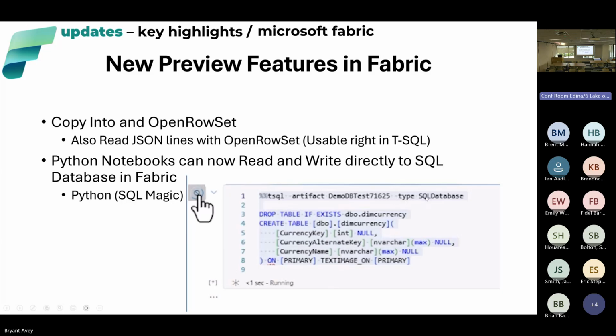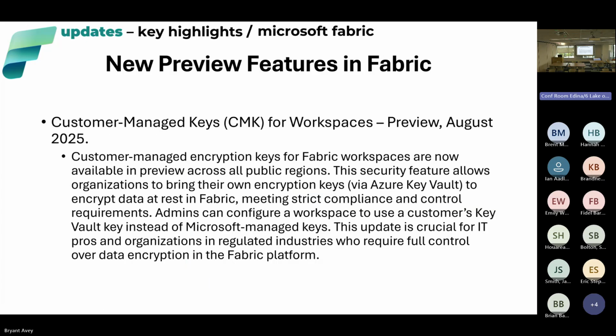You type the SQL database, and then you can just do your T-SQL right inside of a Python cell, and that's really all you got to do. Basically, the T-SQL magic takes care of all the behind-the-scenes garbage that you would normally have to do in about 2 or 3 cells to do authentication. It's now all just bundled in there. So that's pretty cool and impressive because magics are not that easy to build sometimes.